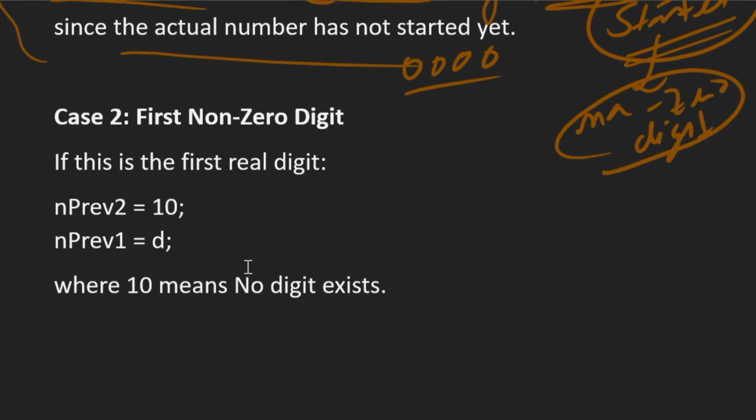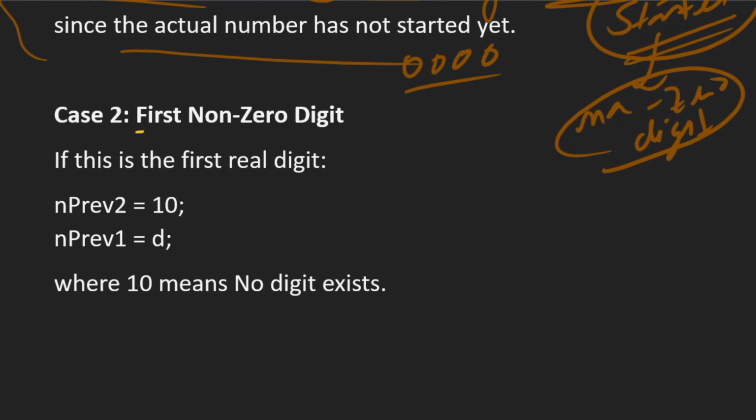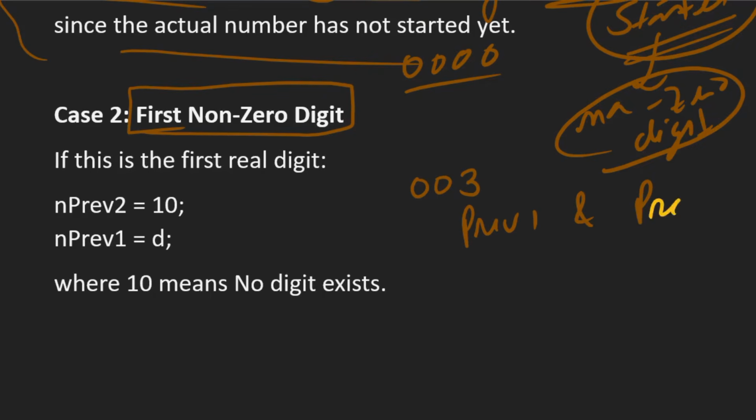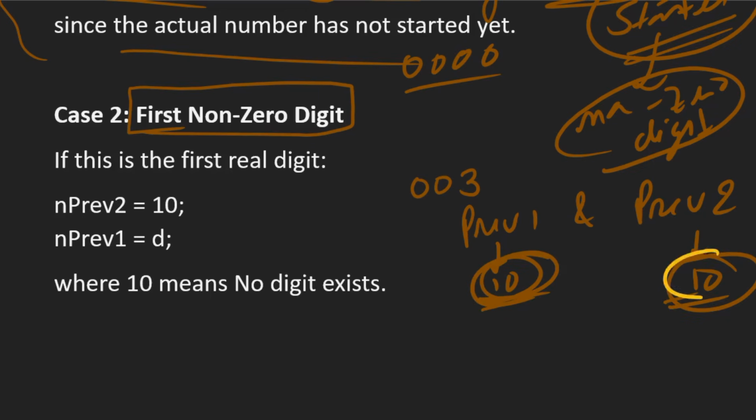Now case 2, that we get the first non-zero digit. Suppose we have taken 0 0 and now we are taking 3, so in that case we need to update our previous one and previous 2. Initially both have value 10. So 10 means they do not have any digit.